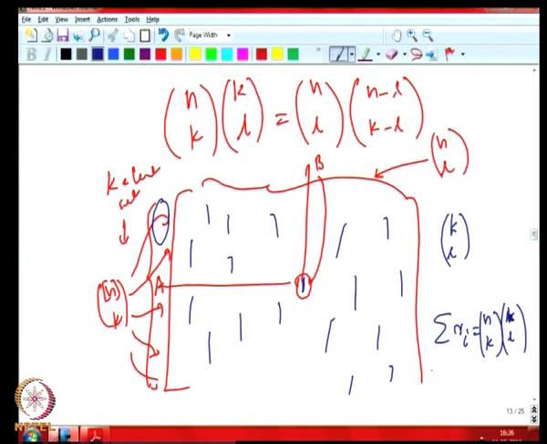And the column sum? There are n choose L columns, and for each column, an L element subset, we ask how many k element subsets contain it. As we have argued, it is n minus L choose k minus L. So this and this are equal.